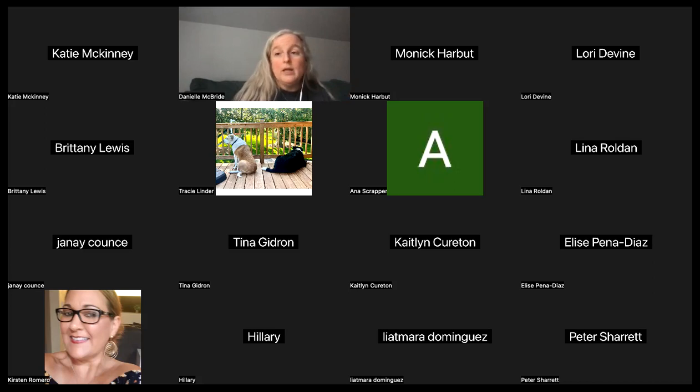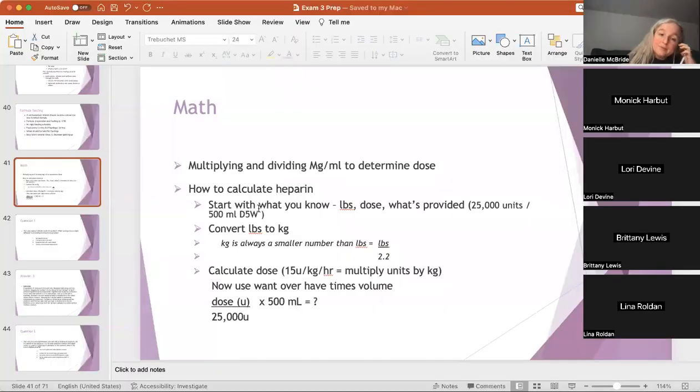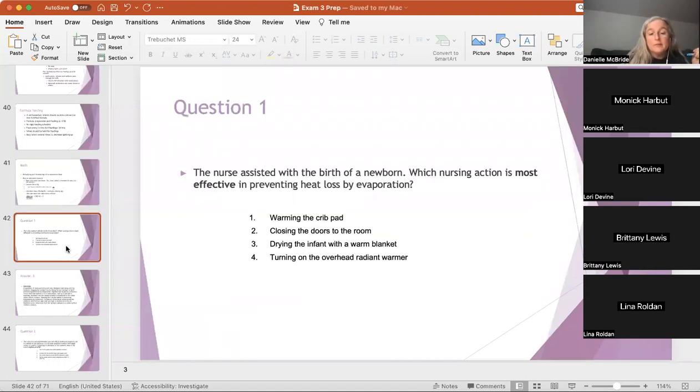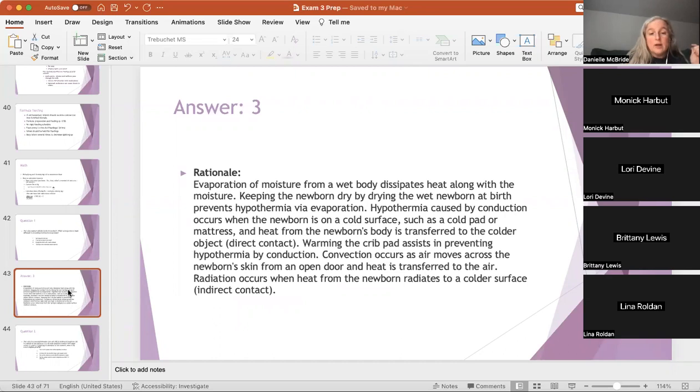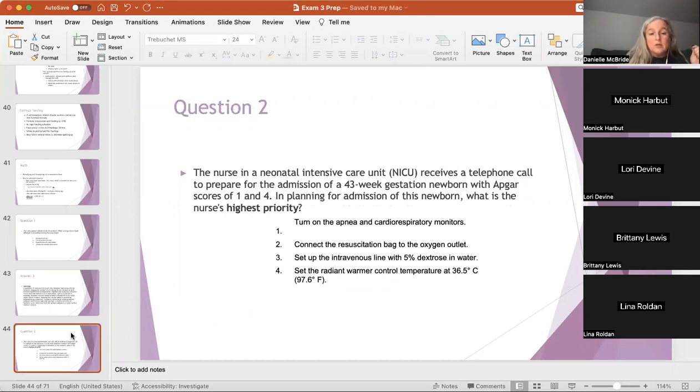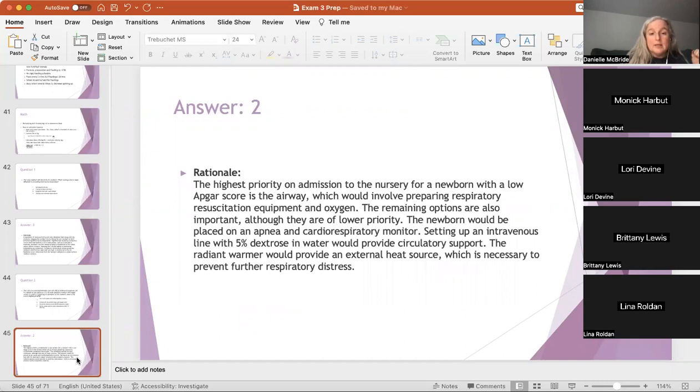In the PowerPoint itself, there is some practice, and the answers are included with the rationales, so you can practice it.